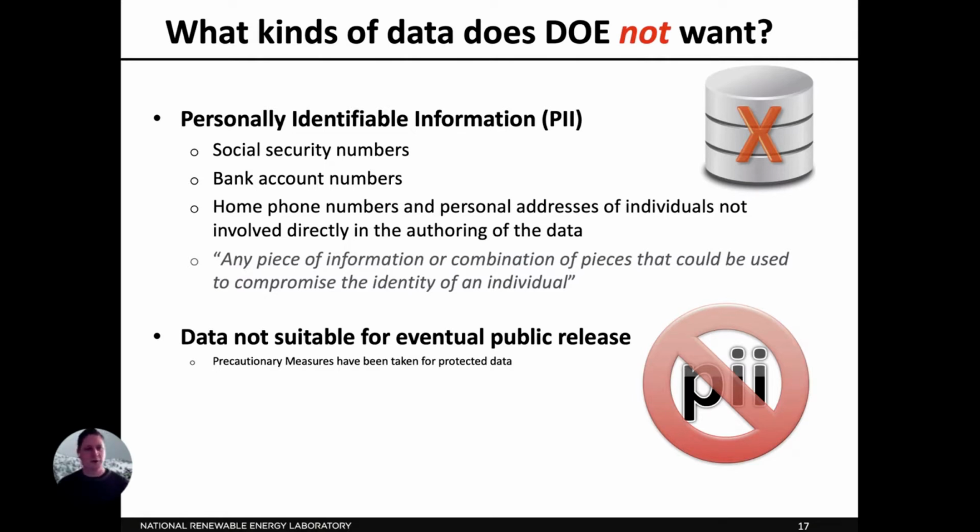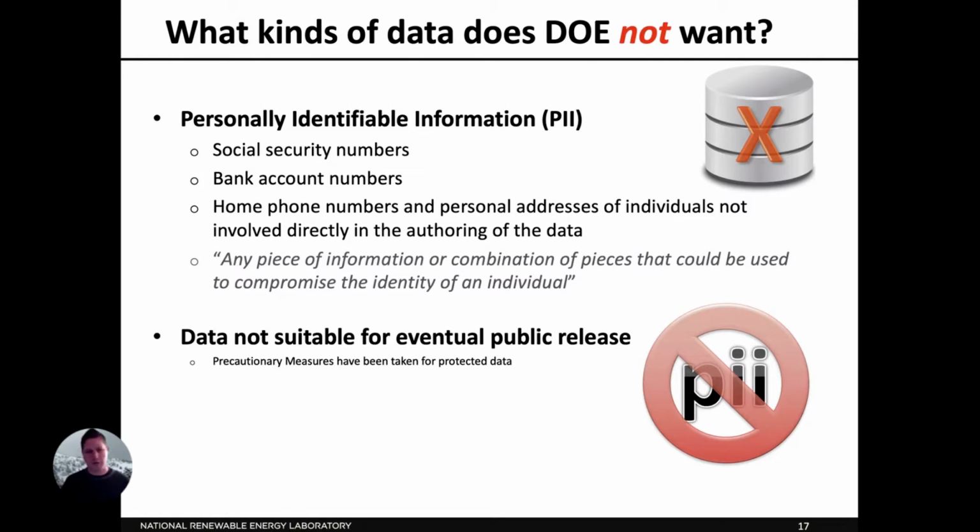And the other thing we don't want are any data not suitable for eventual public release. The MHKDR is a public data dissemination platform, so all data on the MHKDR are destined for eventual public release. Many of them are released immediately after they're curated, and we'll talk about curation in a little bit.